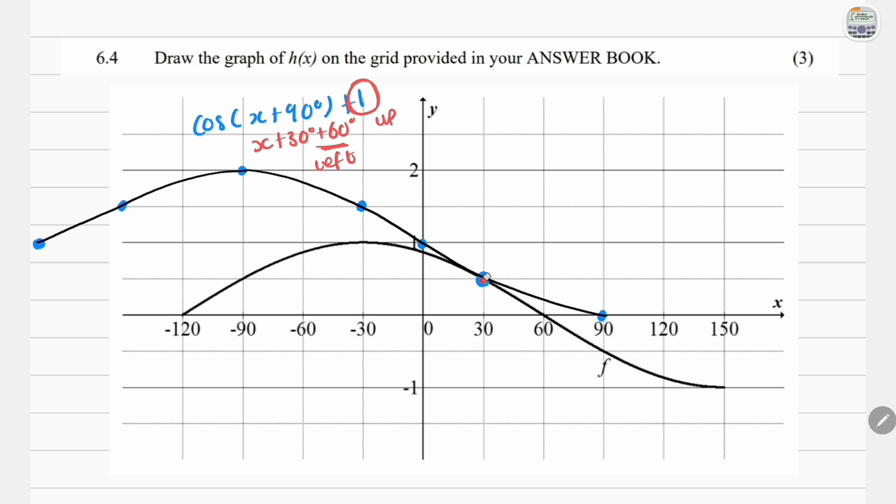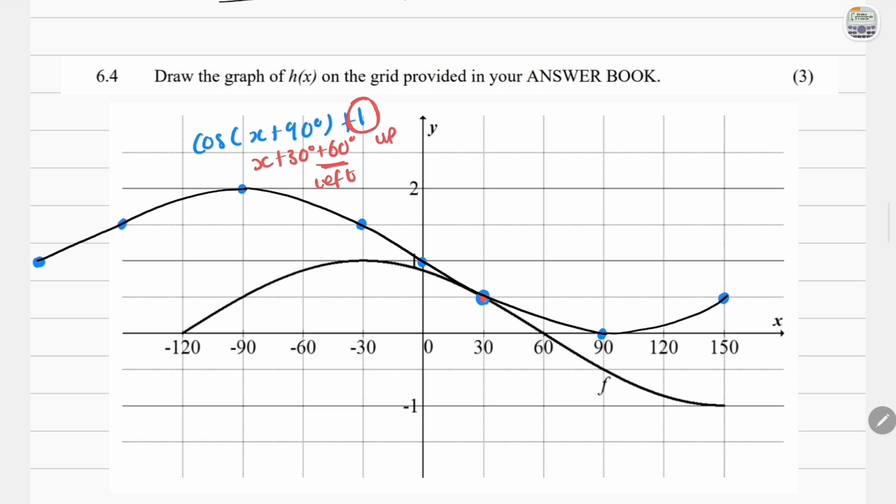You see that the graph has a y value of a half. Well, it will also have a y value of a half if you move from 90 degrees to 150 degrees, 60 degrees to the right. So it has a y value of a half over here as well. Okay, so we'll just have that point right there. And then we can just connect it. Okay, so we're just going to draw that, and it's also a curve that just goes up like that. Okay, and this is our graph.